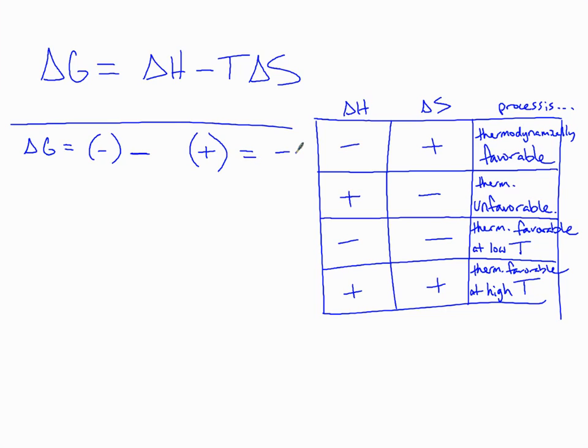Negative. Best case scenario, delta G is negative or less than 0. So off to the side here, why don't we say delta G is less than 0 when things are thermodynamically favorable all the time.